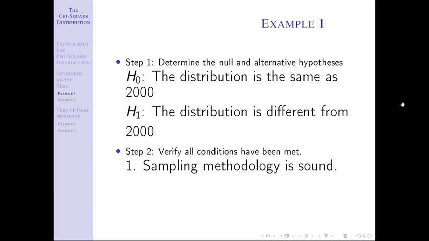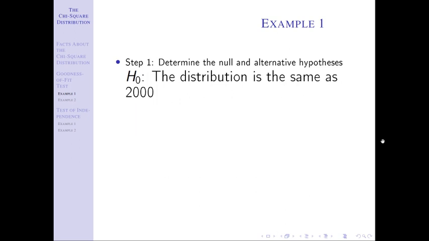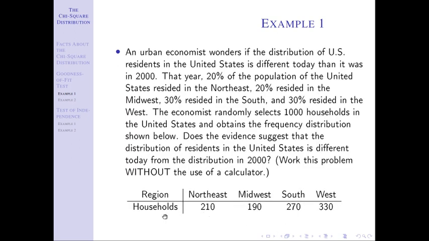So 1,000 times 20%, 1,000 times 20%, 1,000 times 30%, 1,000 times 30%. You may want to make a note back up here: what's my expected count? So Northeast is 20%, so that's 1,000 times 0.2, so 200.